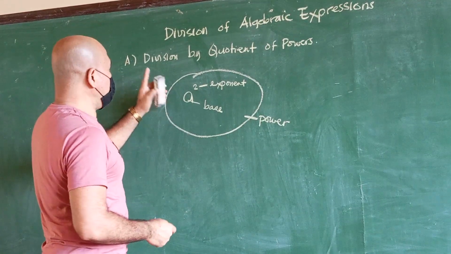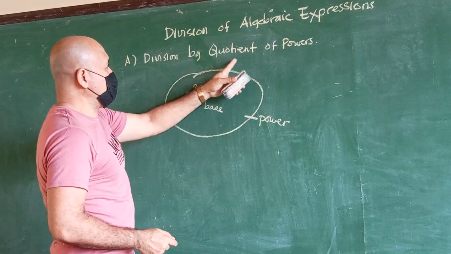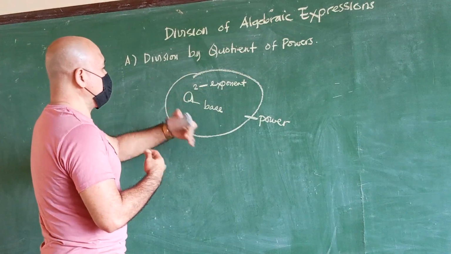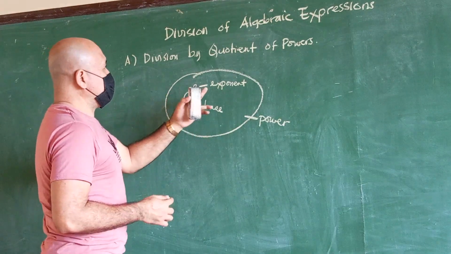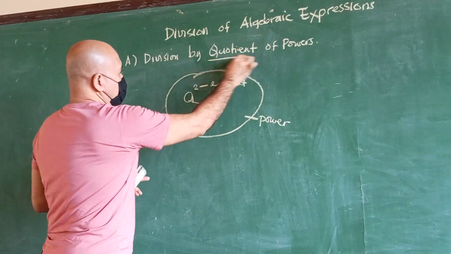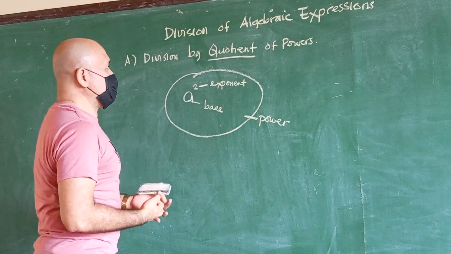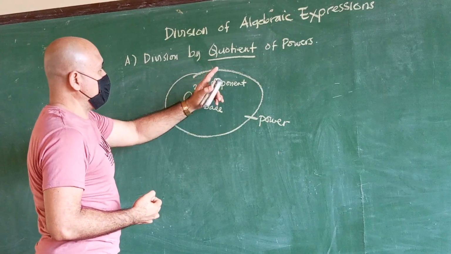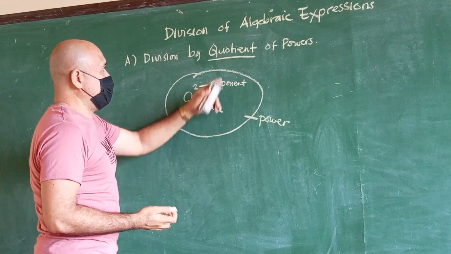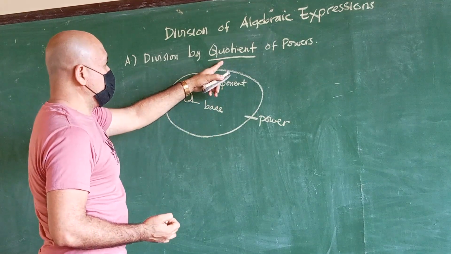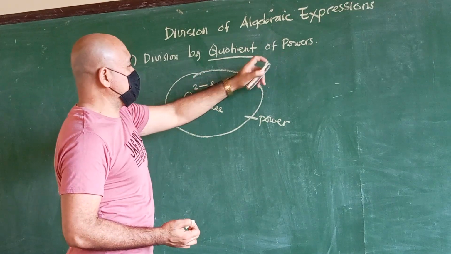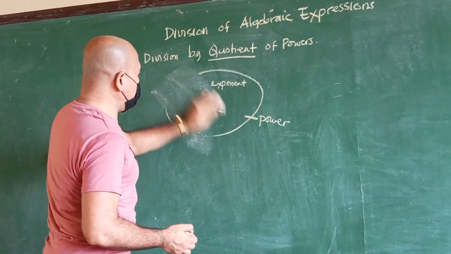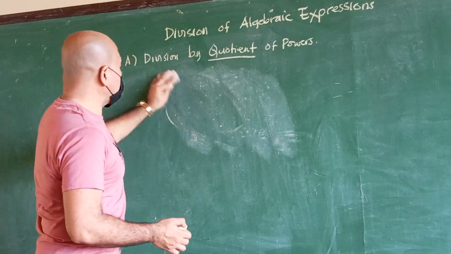Okay, so when we talk about quotient of powers, how are we going to use this in terms of division? The quotient of powers means there is a numerator and denominator involved because of the term quotient, or there is a dividend and divisor. And we are using powers because there is more than one power being used here.